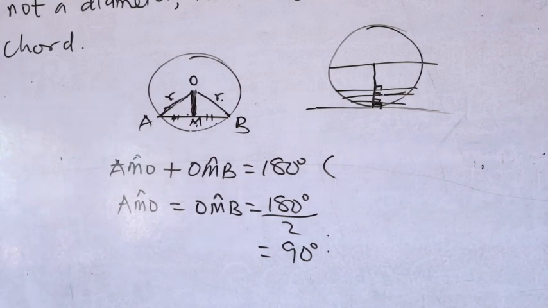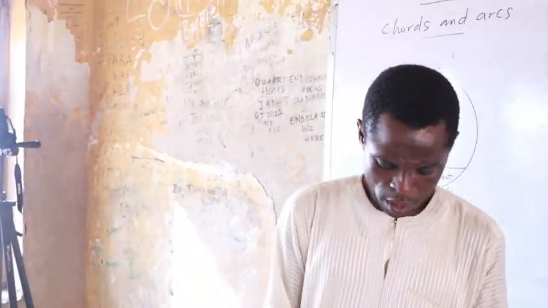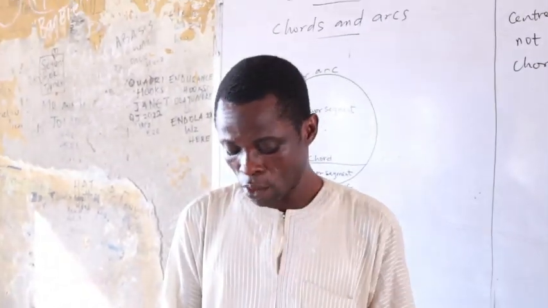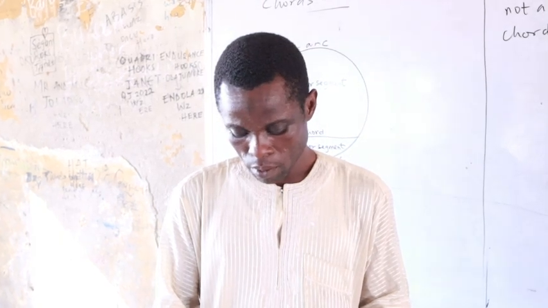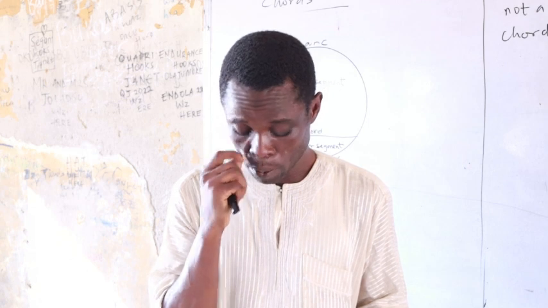The first one. A chord of a circle is 12 centimeter long.